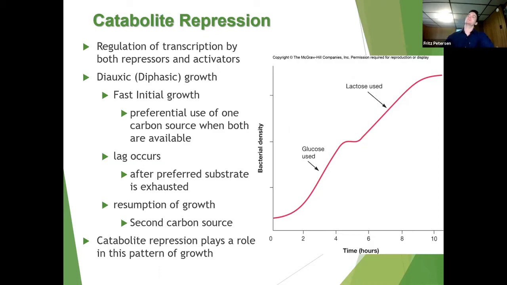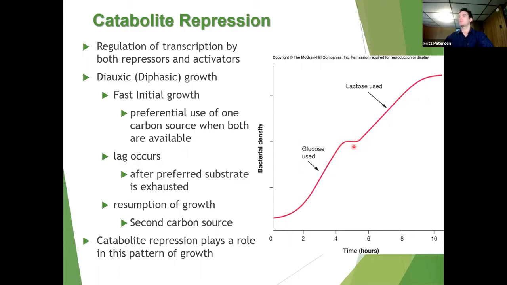Here you can see the initial growth of this bacteria was really quick, and this was because glucose is used. This is a more energy efficient sugar, so the organism can grow much quicker in its presence. Then this lag phase occurs, and this is when the preferred substrate, the glucose, has become exhausted.